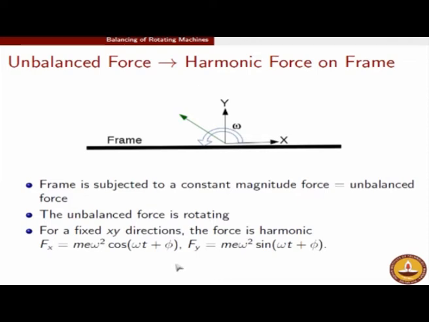Phi could be an arbitrary phase, but the important point to realize is that though the force is constant in magnitude, it is constantly rotating, which means the force along a fixed direction will always change in its magnitude.